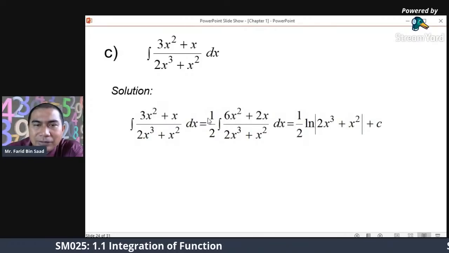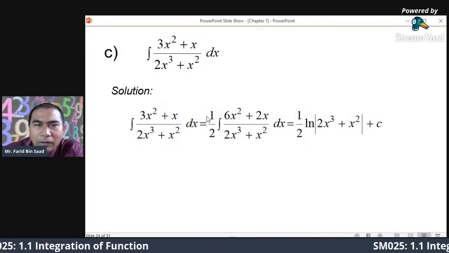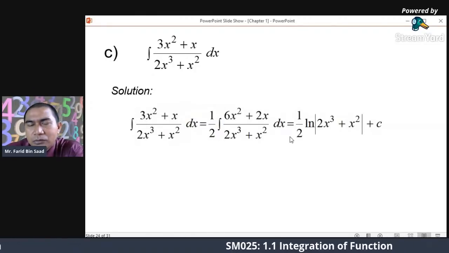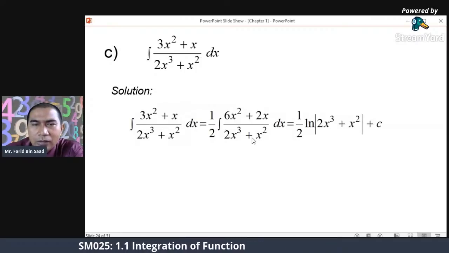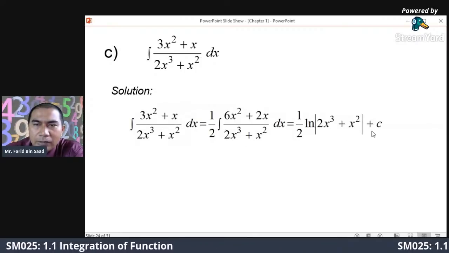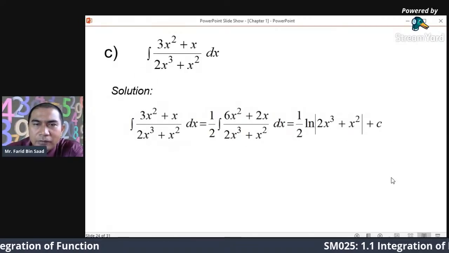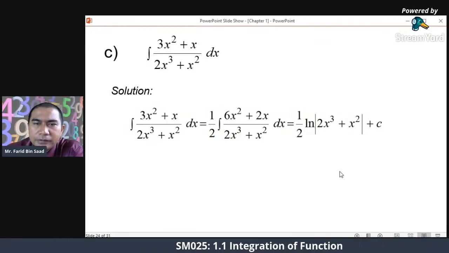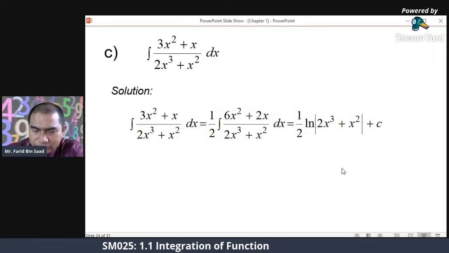So we have to multiply by 1 over 2. So the solution is 1 over 2 times ln of f x plus c. Yes, plus c. Okay, next.